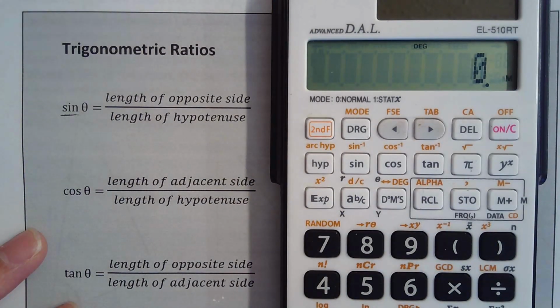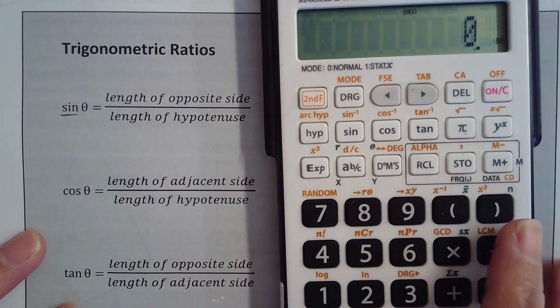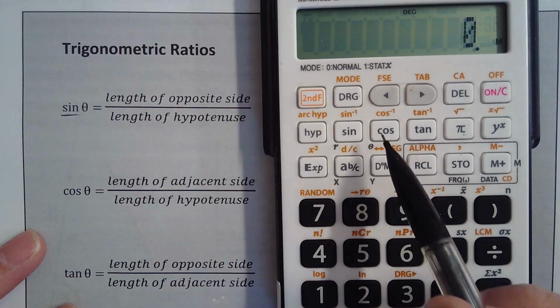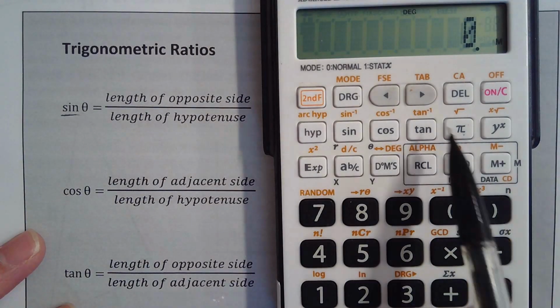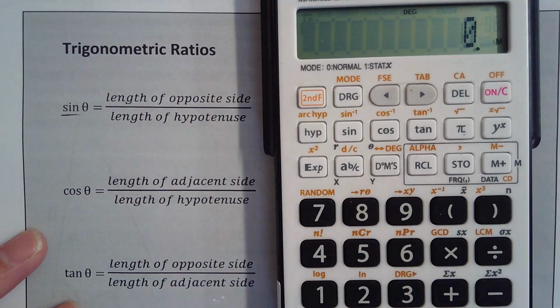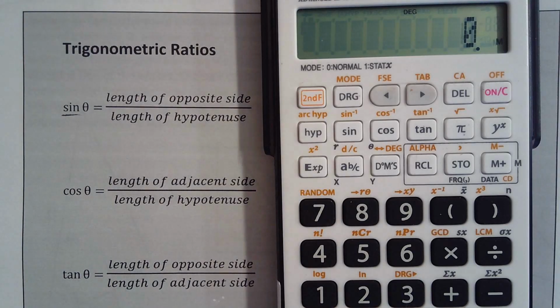Can you see cos on your calculator? Cos, right there. Can you see tangent? Tan. Usually those three trigonometric buttons are right beside each other, close to each other.